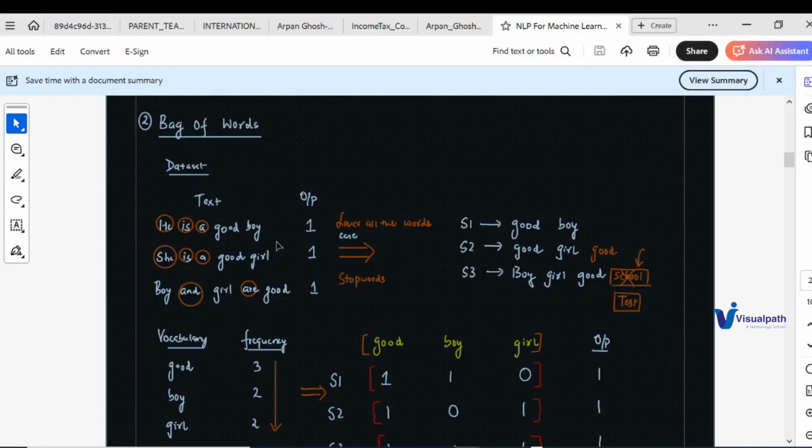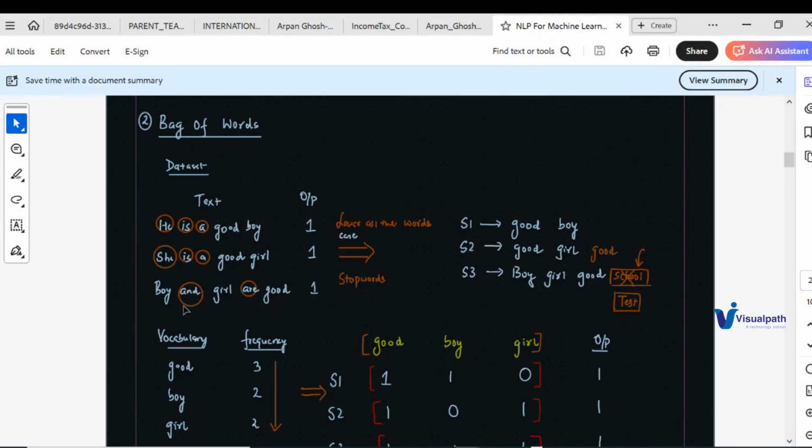Now what it does is an interesting thing. In one hot encoding, it does not remove your stop words and stuff, right? But here in bag of words, it removes your stop words. So basically, it is reducing the unwanted words, that is he, is, the, all those stop words. I'm sure you have heard of the term stop words in NLP. All these unwanted words are removed first.